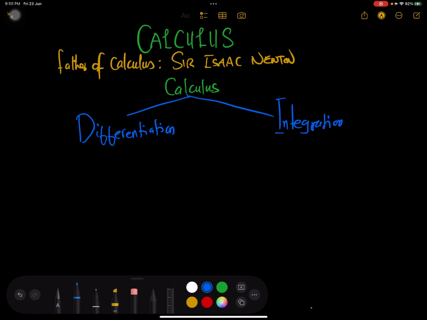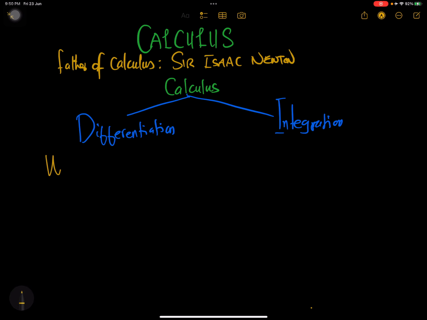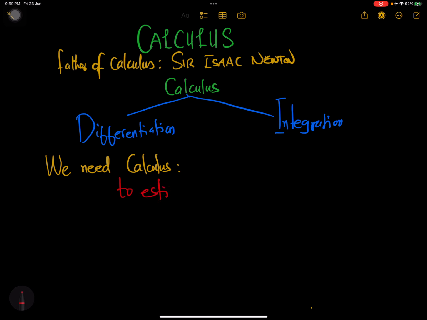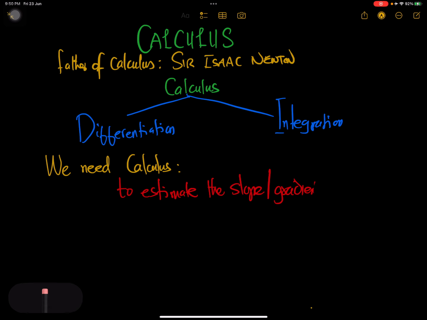We need calculus so that we can estimate the slope or gradient of a nonlinear expression or function.